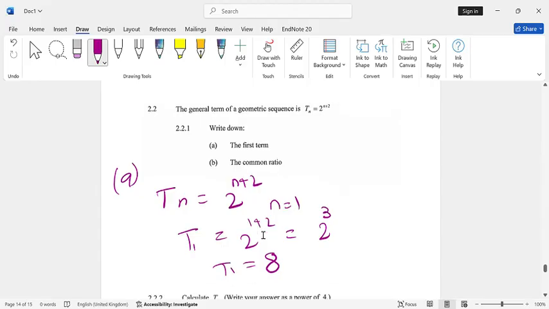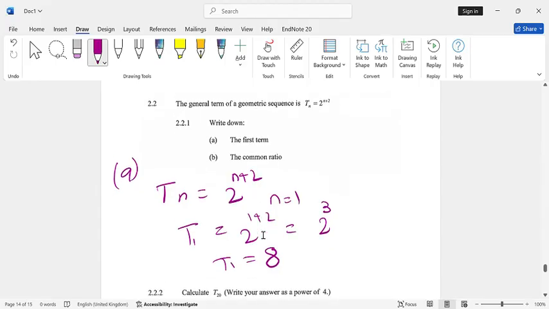So how can we find its common ratio? I'm finding the common ratio, okay? As you can see, Tn equals 2 power n plus 2, and we can say that the base is 2.